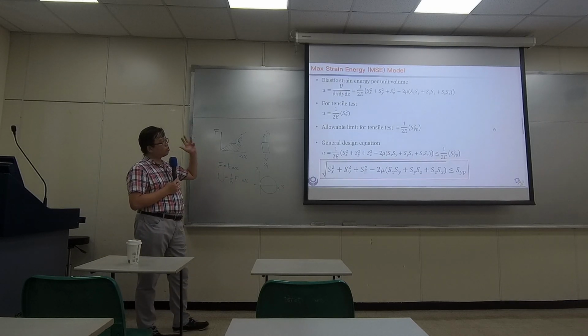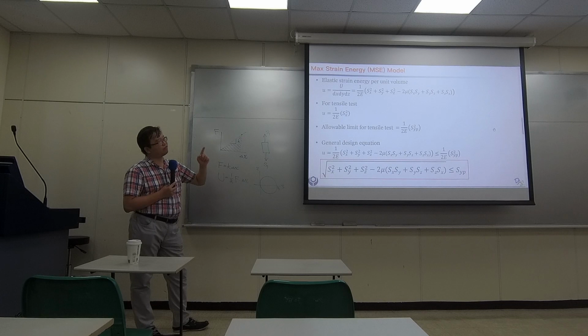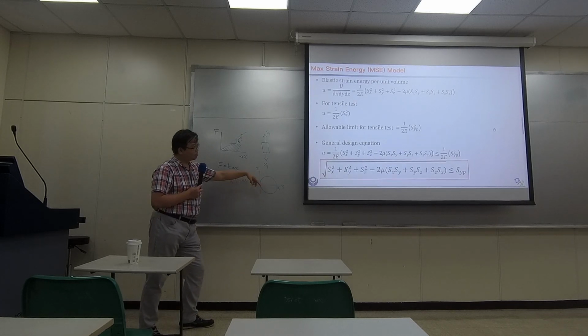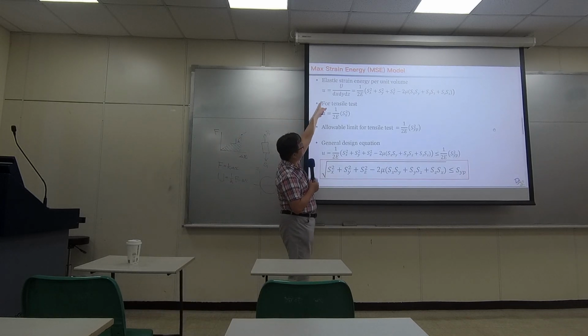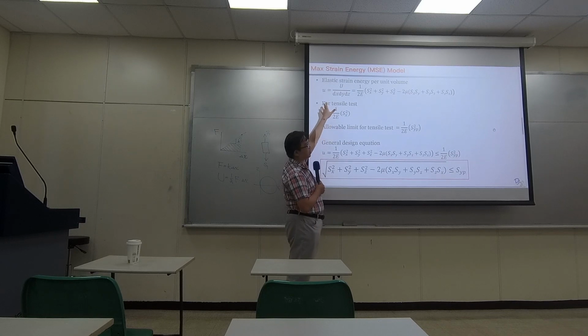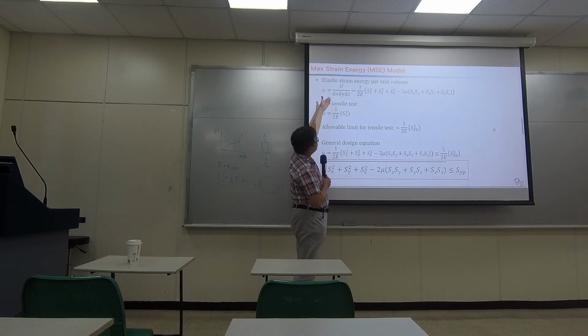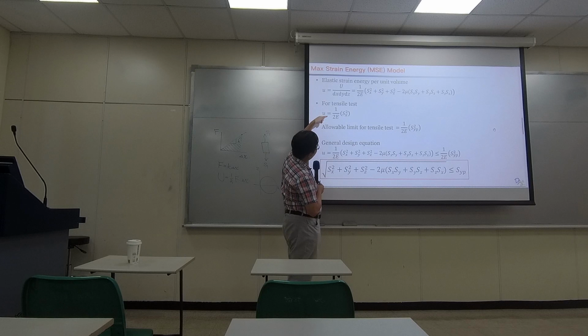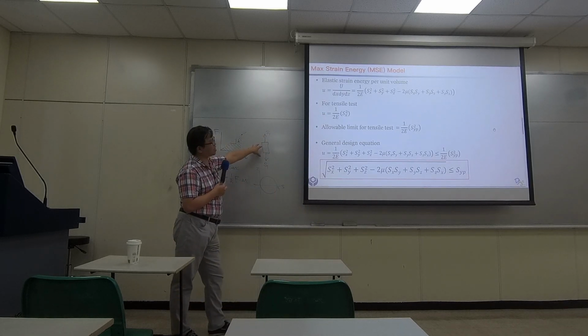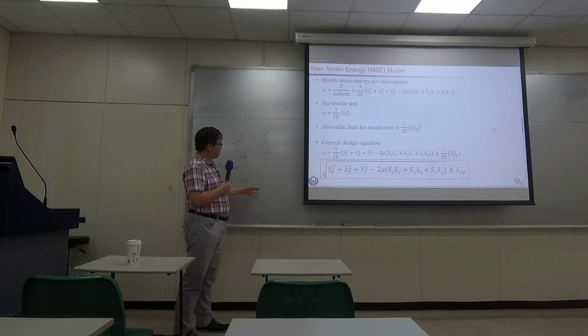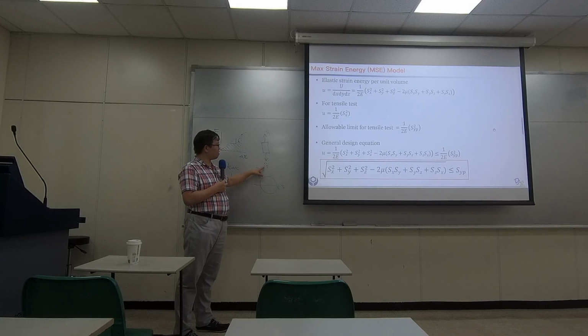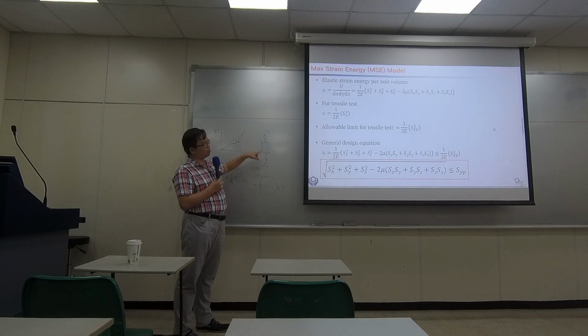So what's the elastic strain energy per unit volume for the tensile test? Basically it's the same equation. This is a general equation for all loading conditions. But let's talk about a special case where we are dealing with the tensile test. And we know in a tensile test, we only have principal stress along the x direction.